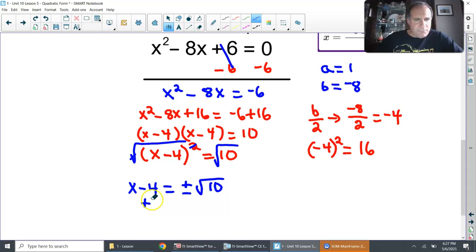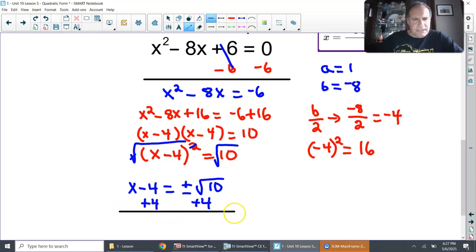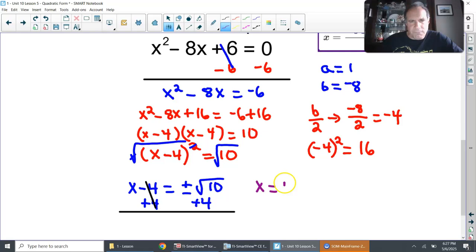And we're going to add 4 to both sides. So the answer would be, in exact values, x equals 4 plus or minus square root of 10. Exact value.